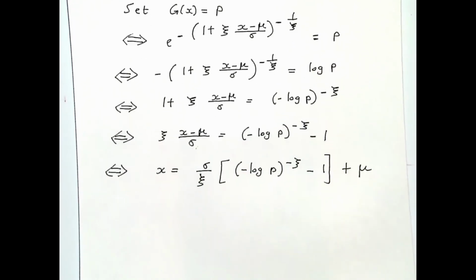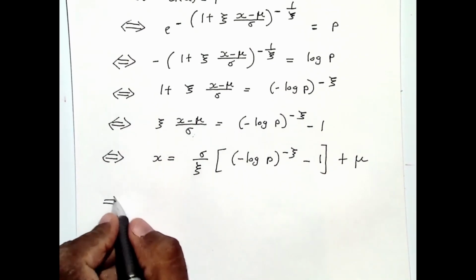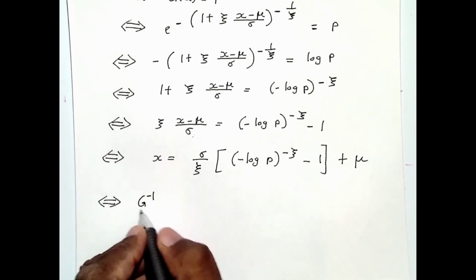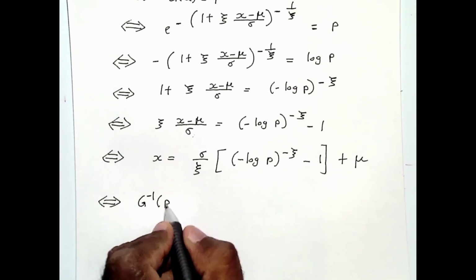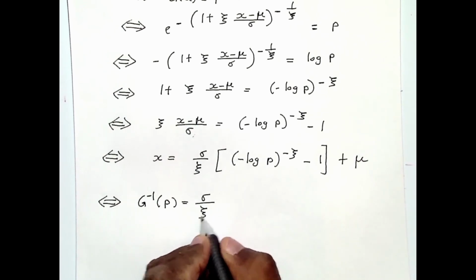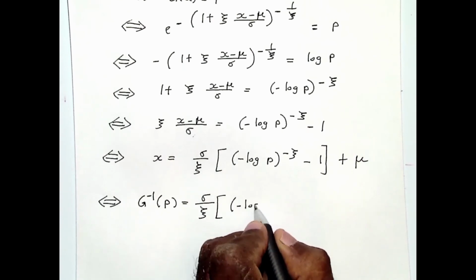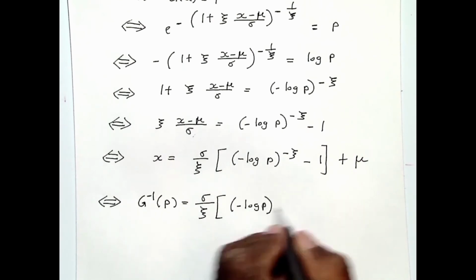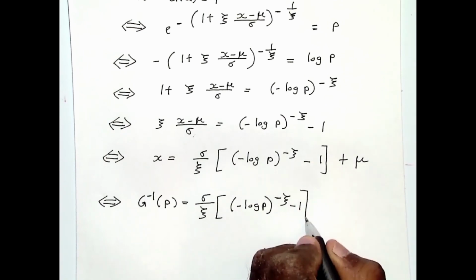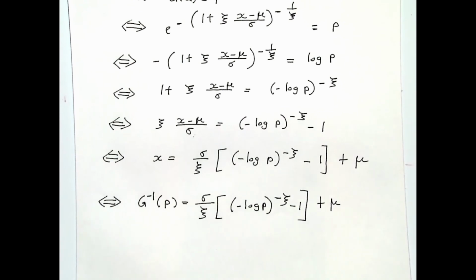So this is the solution for x. So hence we have shown the inverse function of g at p is equal to, okay. So this completes question 13.